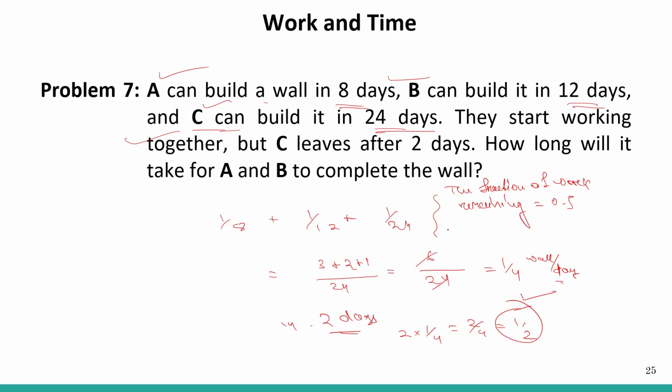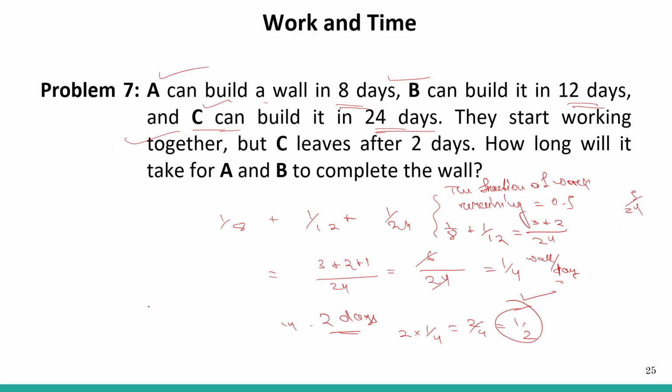Right now, after C has left, what is the combined work rate? The combined work rate will be 1 by 8 plus 1 by 12, which over 24 is 3 plus 2, equal to 5 by 24. So 5 by 24 is the combined work rate.